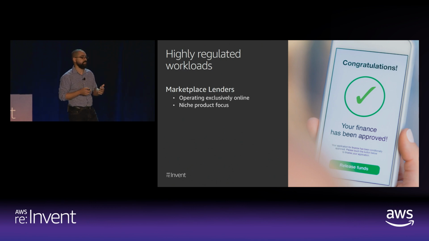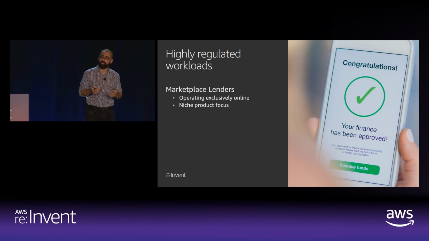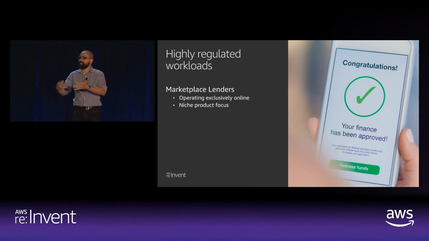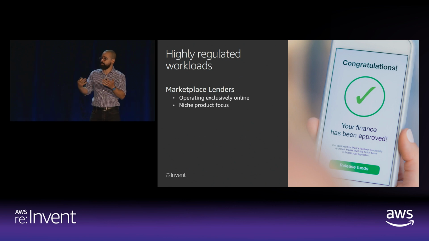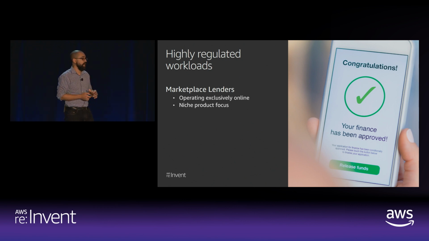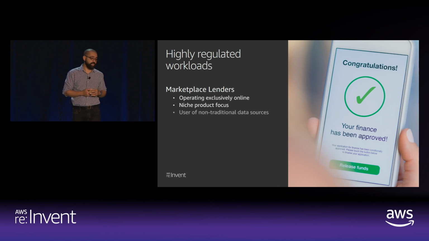These products are things like unsecured personal loans, real estate-backed loans, educational loans, and small business loans, loans that in some way carry a bit more risk than a more typical loan. And they'll say in part that the reason they are able to manage that risk so well is because they're so focused. The other reason is because they use non-traditional data sources in combination with machine learning techniques.